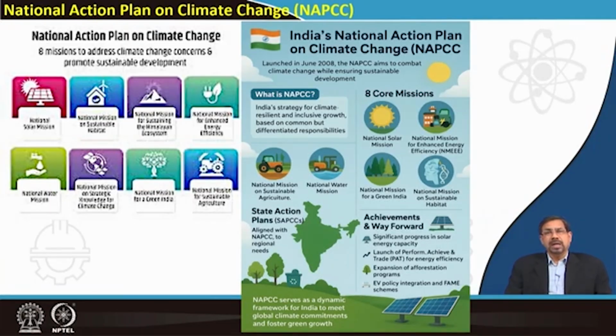In terms of the 8 core missions framed under NAPCC for achieving this, the first one is the National Solar Mission, second is the National Mission on Enhanced Energy Efficiency, or NMEEE, and then you have the National Mission on Sustainable Agriculture, the National Water Mission, the National Mission for a Green India or Green India Mission, and the National Mission on Sustainable Habitat.